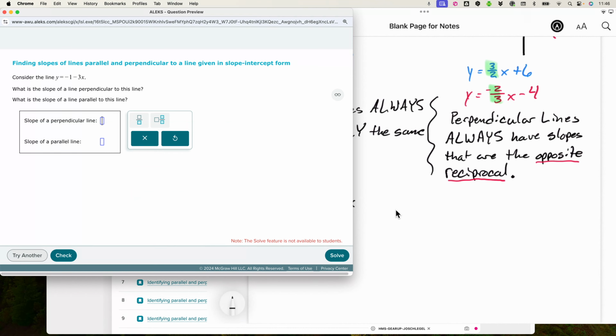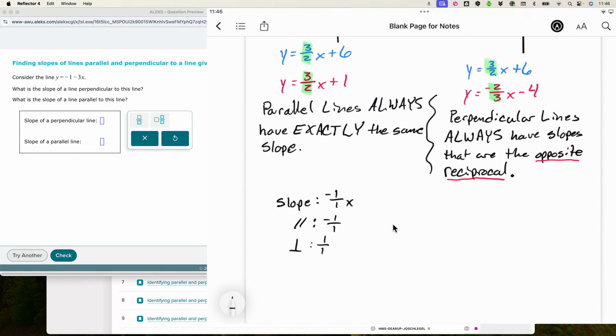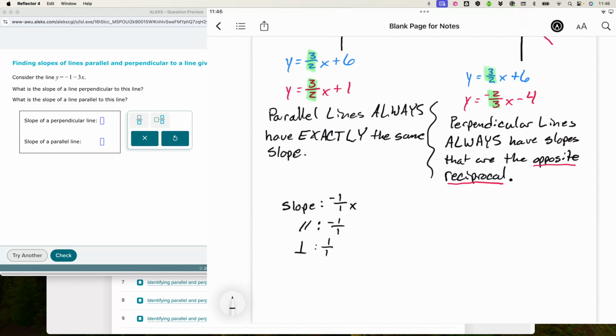The slope of the parallel line, so the slope on this one, we have another one. We have to be careful because the negative 1 is the first term that we run into here, but that's the y-intercept. So the slope of this one is actually negative 3, I'm sorry.